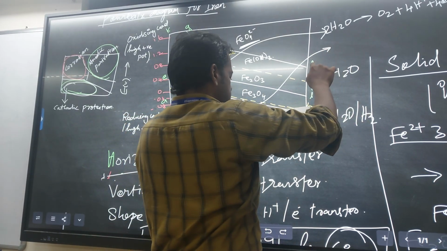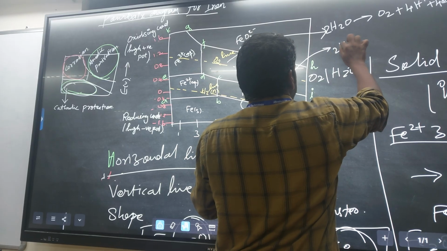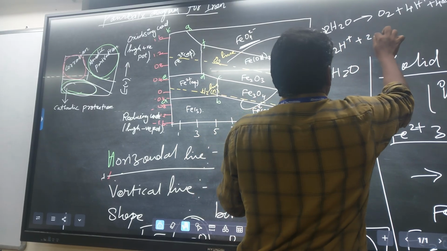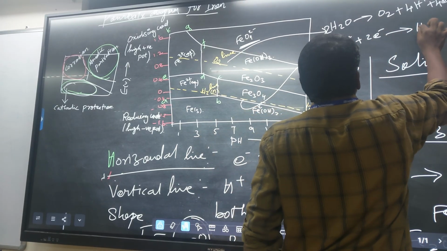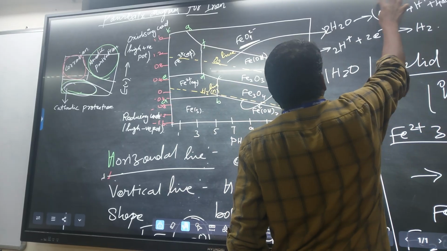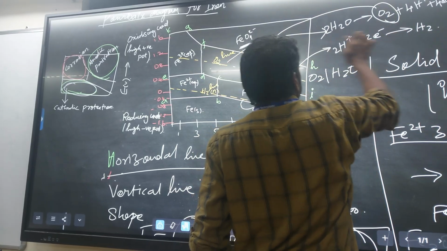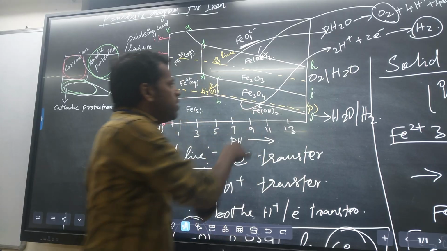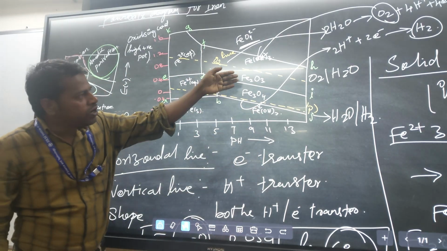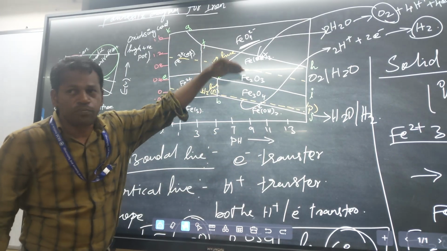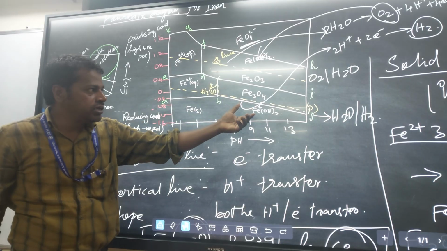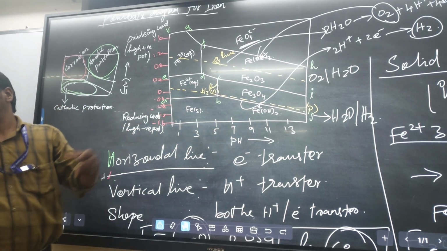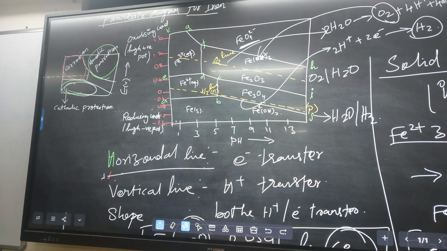Below this dashed line, 2H plus plus 2 electrons form H2. That's why here oxygen is more and here hydrogen is more. When the oxygen is more, it forms an oxide product. Here hydrogen is more, that's why the hydroxide product.